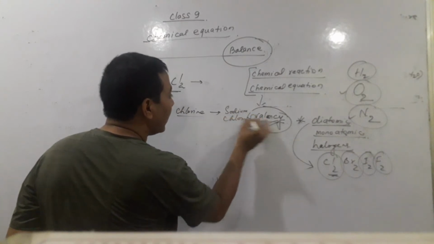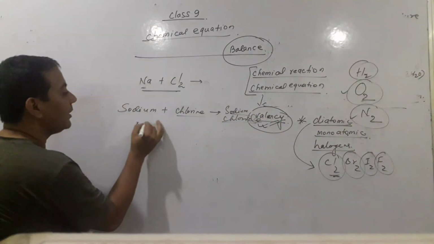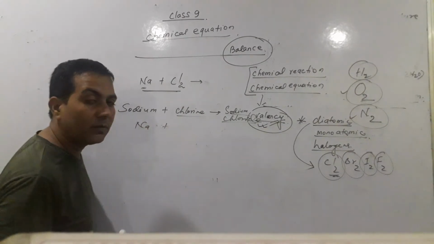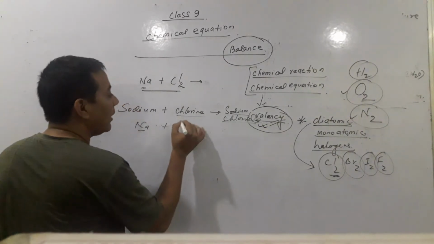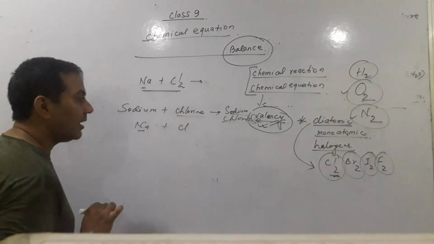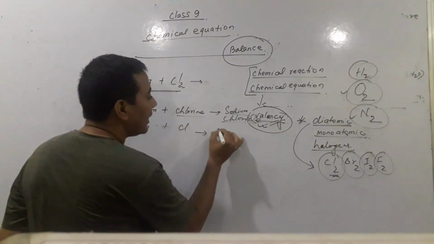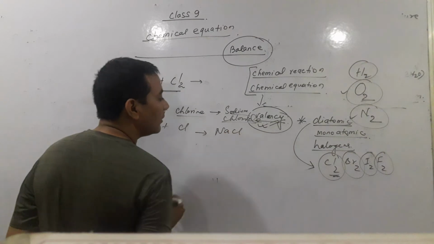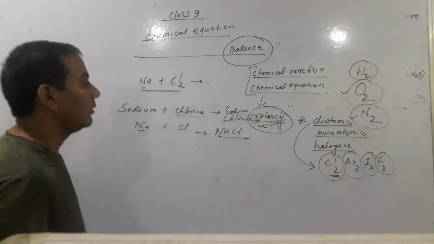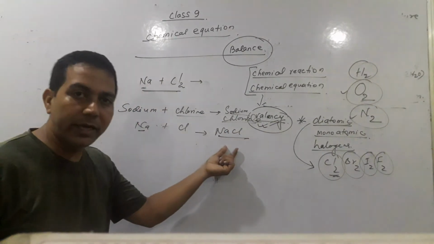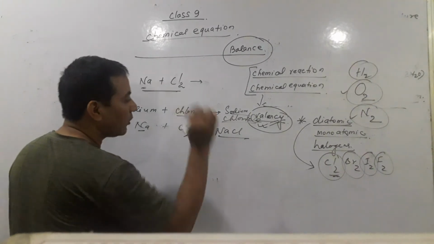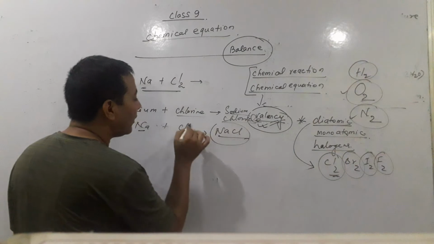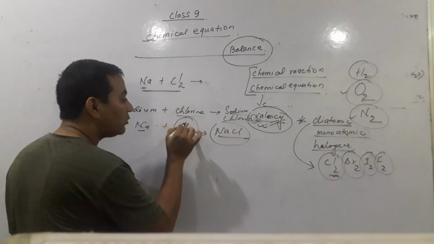How do you have to write? You know the symbol for sodium, so you will write Na, and chlorine symbol you know is Cl, then you will write NaCl, sodium chloride. But is it correct? No, because they are diatomic. Therefore, you cannot write like this. Therefore, what should be known?